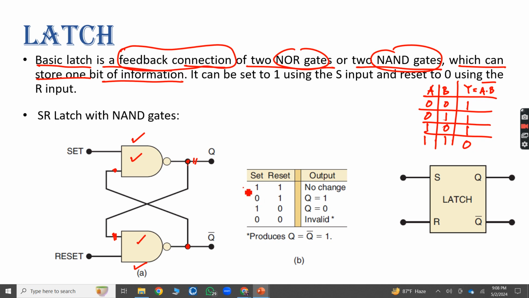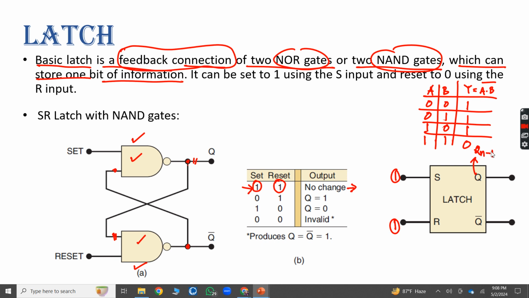So for the first condition, it says if you put set 1 and reset 1, the output will not be changed. What does it mean? It means if you put S 1 and R 1, suppose before we put this 1 and 1, Q will have some value, right?